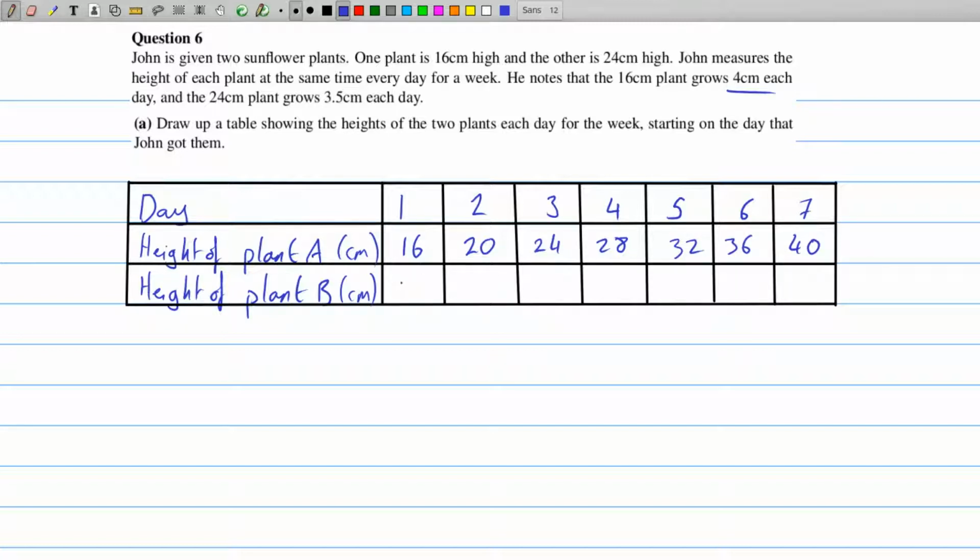Plant B starts out as 24 centimeters high, grows by 3.5 centimeters each day, so it's going to go 27.5, 31, 34.5, 38, 41.5, and 45.